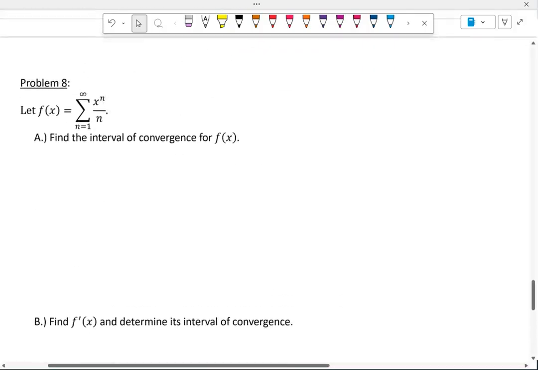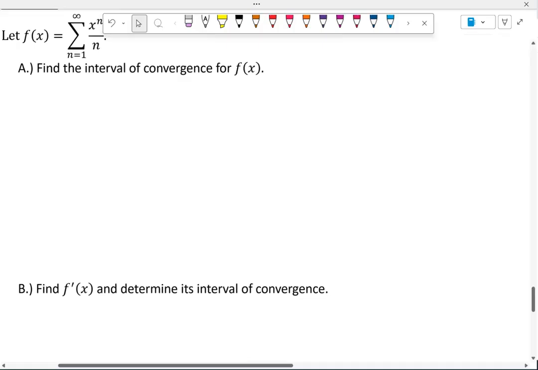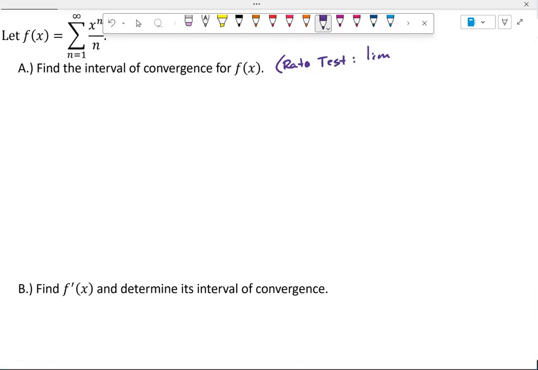All right, so let's start with part A. We're going to be having a lot of stuff in here, so try to keep things a little small. So we start by doing our ratio test. What do we do for our ratio test again? It is the limit as n goes to infinity of the absolute value of a of n plus 1 over a of n.